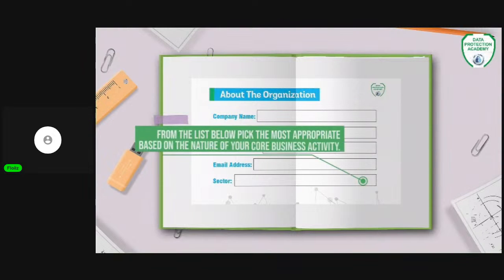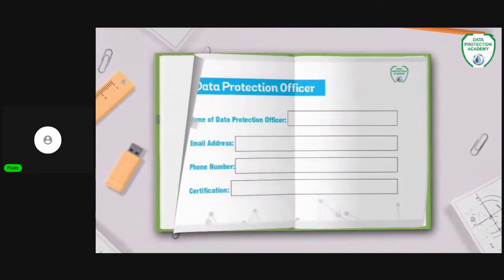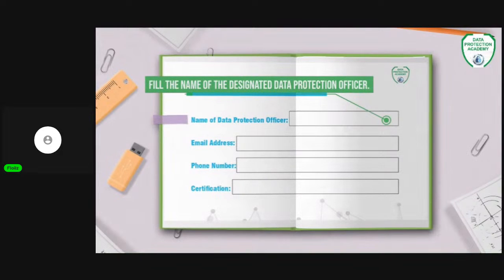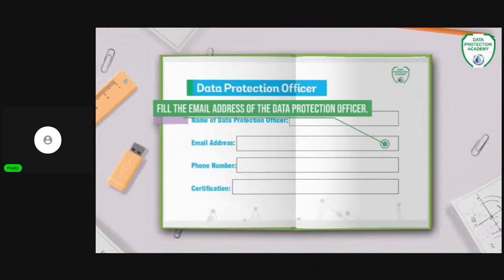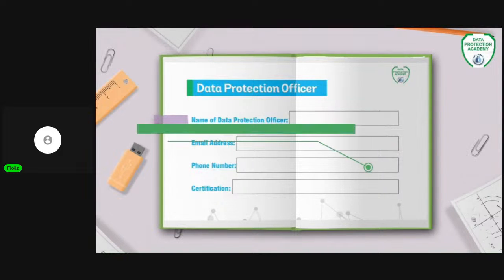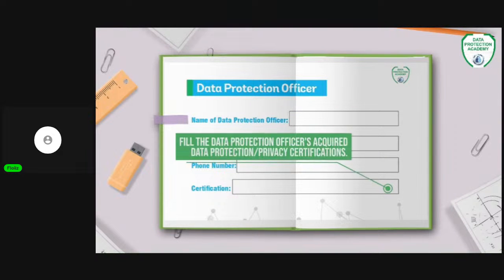From the list below, pick the most appropriate based on the nature of your core business activity. Data Protection Officer. Fill the name of the designated Data Protection Officer. Fill the email address of the Data Protection Officer. Fill the phone number of the Data Protection Officer. Fill the Data Protection Officer's acquired data protection privacy certifications.